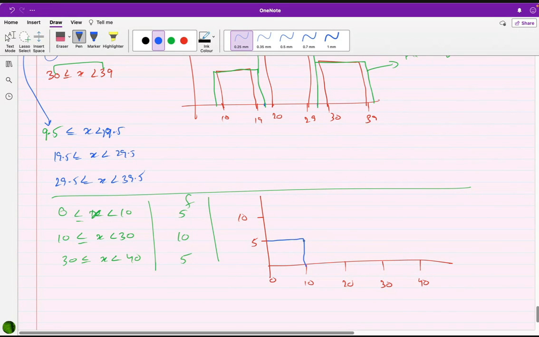Now from 0 to 10, it is 5. Are we good with the first bar? Now look, from 10 to 30, it is 10. And when you look at the third one, it is from 30 to 40, and the height is 5.